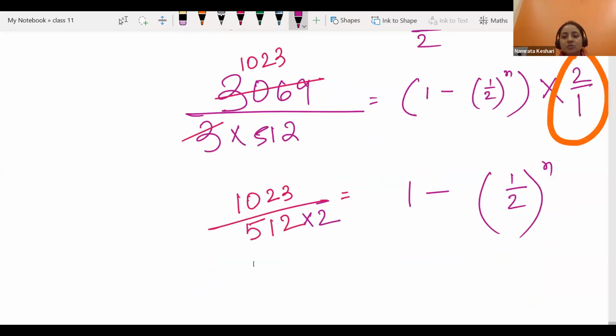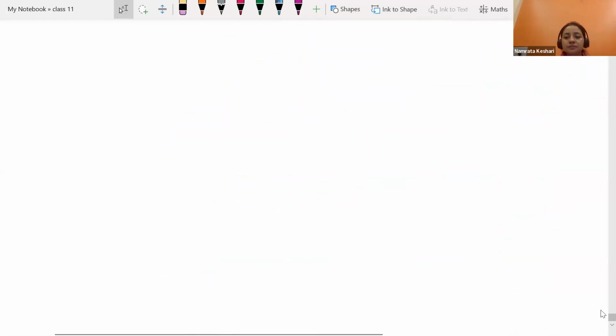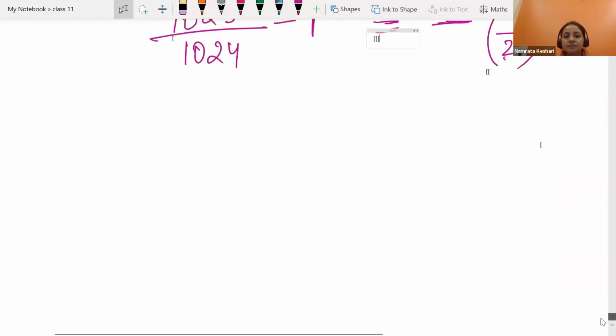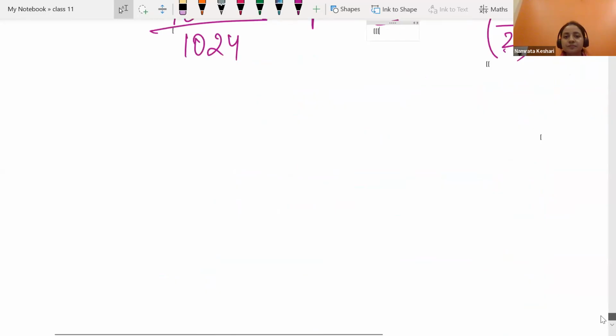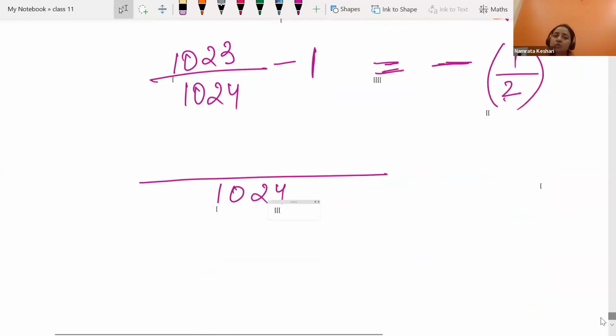Let's do the simplification. LCM will be 1024. You are in class 11. In class 10, you have done much trickier calculations than this one. So it's not a big deal, right, Manvi? You can write that here you will be having 1023, but here you will be having 1024, right?